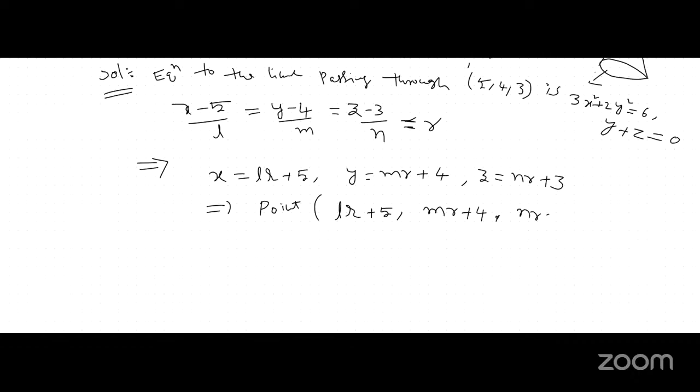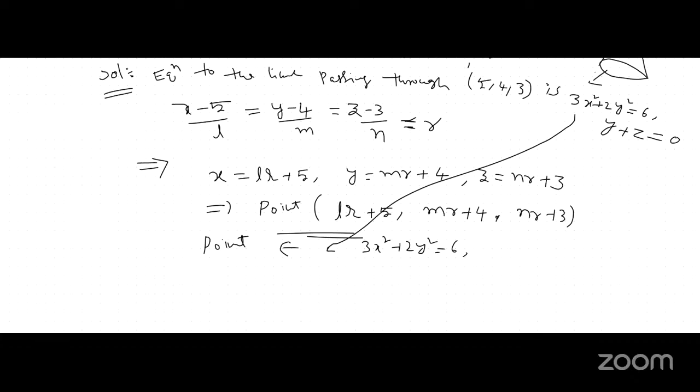This point should belong to the curve, 3x square plus 2y square equals 6 and y plus z equals 0. Now you can substitute there.